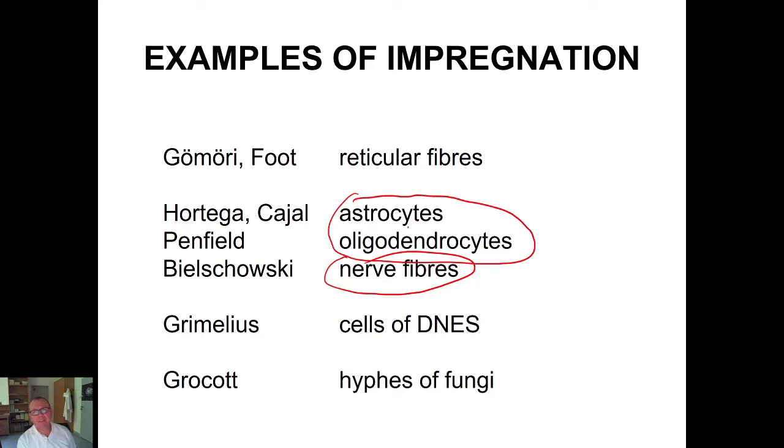The staining is here based on the affinity of cytoskeleton and silver salts. Then there are some other methods. Methods of staining are called according to scientists who introduced them.